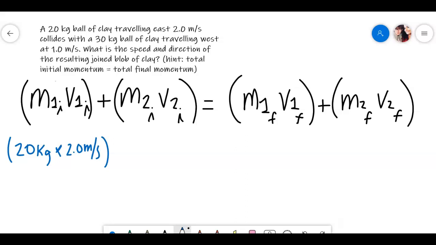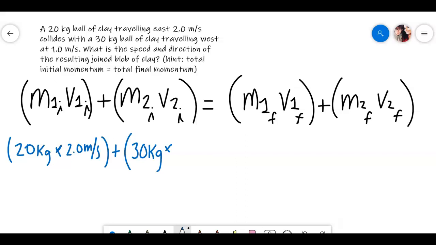So that is its initial mass and velocity. We're going to add that to the mass of object 2, which is 30 kilograms. And this one's traveling west at a speed of 1 meter per second.